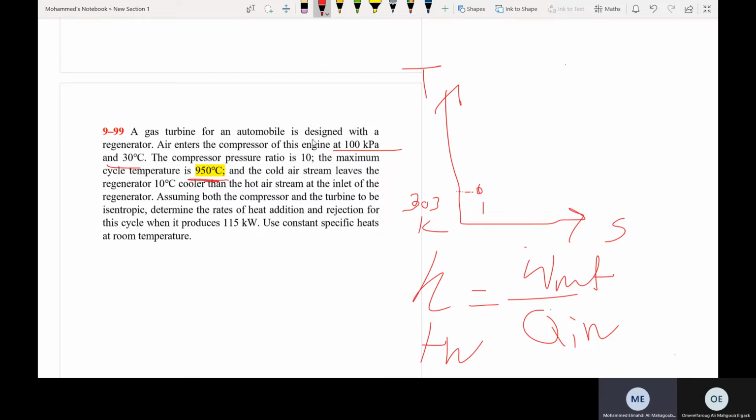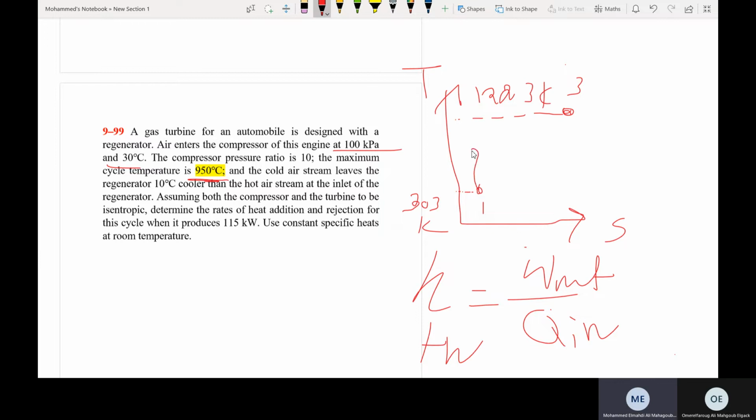And now we know that the maximum cycle temperature is 950 degrees Celsius, which is point 3 up there. So this is equivalent to 1223 kelvins, just add 273.